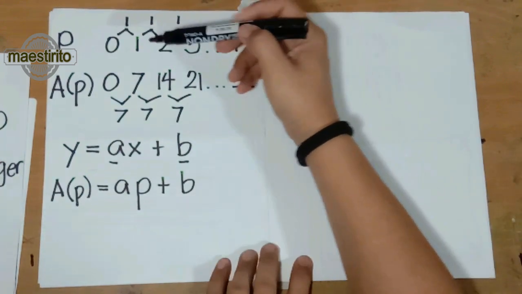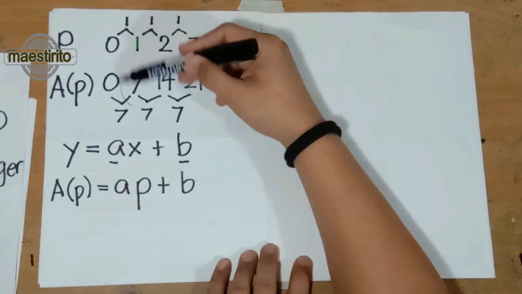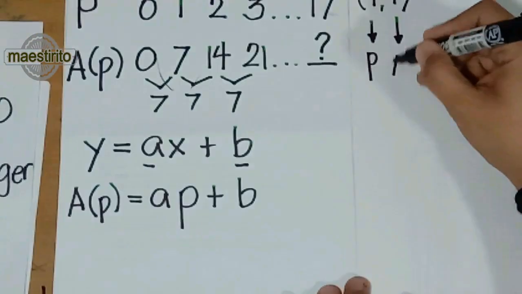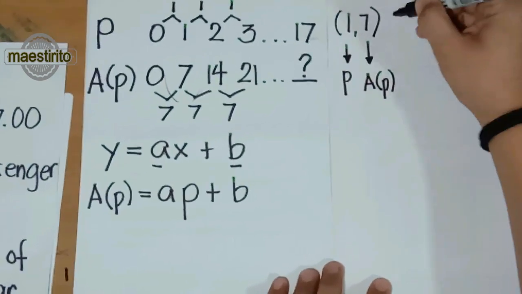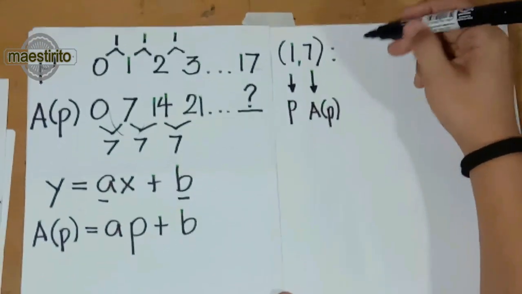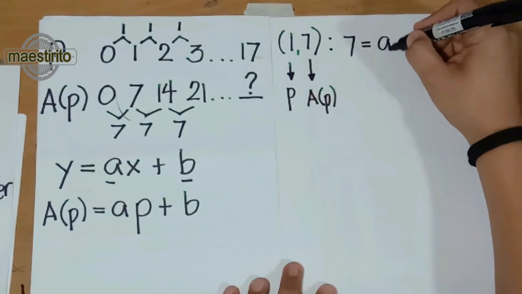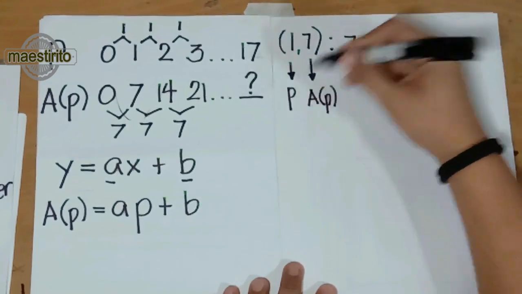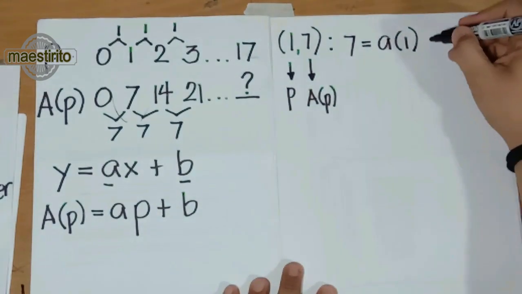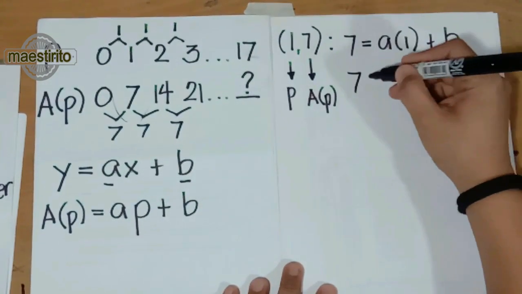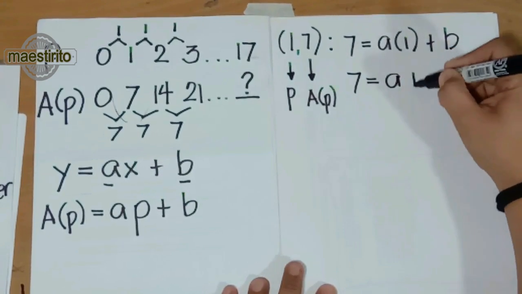Let me use the first set of points, the 1, 7, okay? P is 1, and the 7 here would be the a of p. That's why this will give us 7 is equal to a times 1, which is our p from here, plus b. And then simplifying further, we have 7 is equal to a plus b.